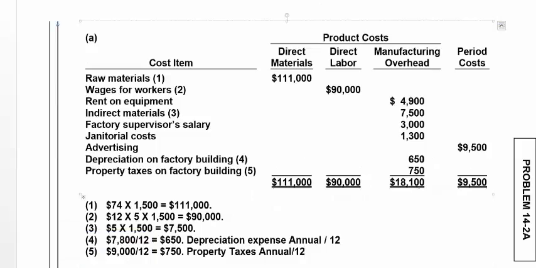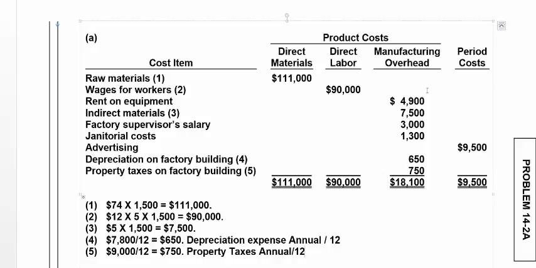Alright, so in doing that, notice that $650 or 1/12 worth of the depreciation for the factory building is listed, and then $750 or 1/12 of the $9,000 in property taxes is listed.